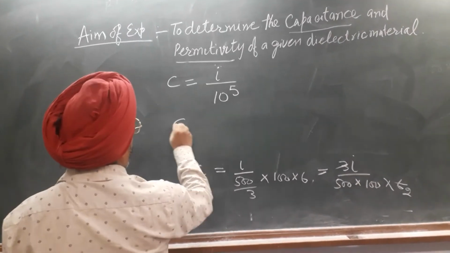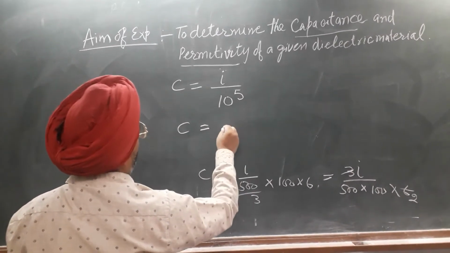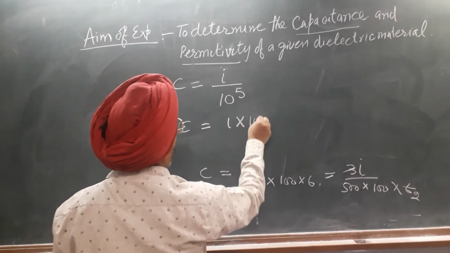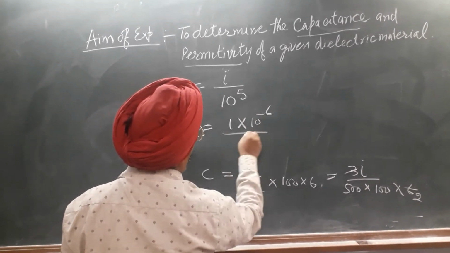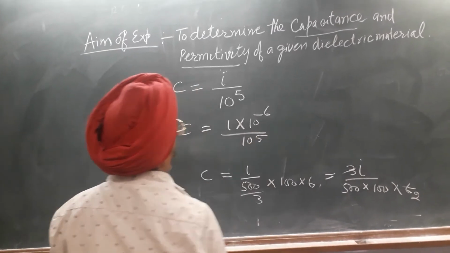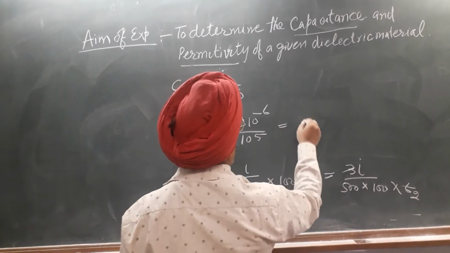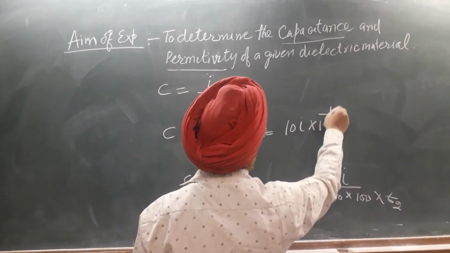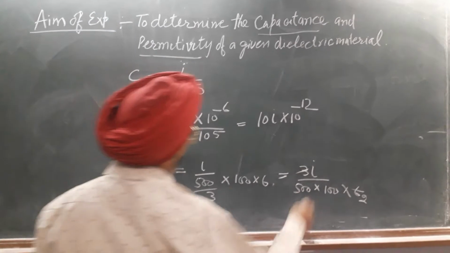So C can be I into 10 power minus 6 into 10 to power 5. So that is 10I into 10 to power minus 12 farad.